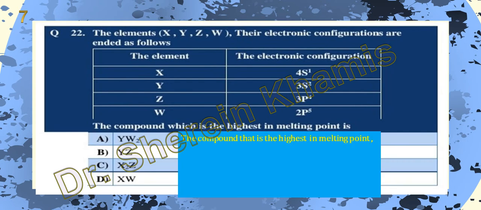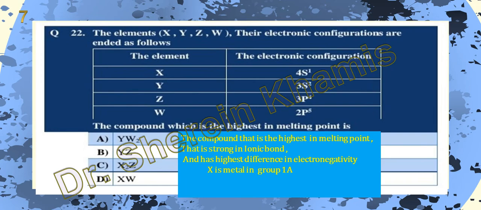If we look at the difference in electronegativity, the compound that has a high melting point has a strong ionic bond. So the compound with the highest melting point has the strongest ionic bond. Element X is a metal that has 1 electron in the outermost energy level, as in group 1A, so it is a strong metal.